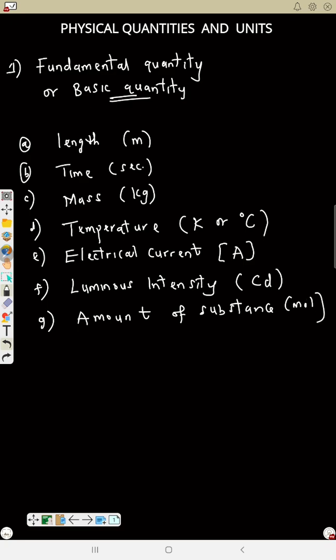Now these 7 quantities, 1, 2, 3, 4, 5, 6, 7, are the basic or fundamental quantities.